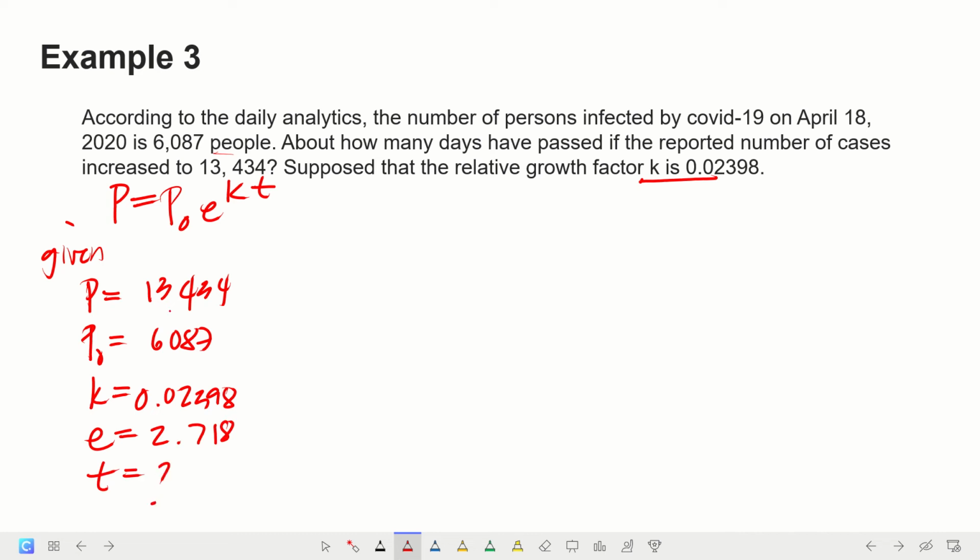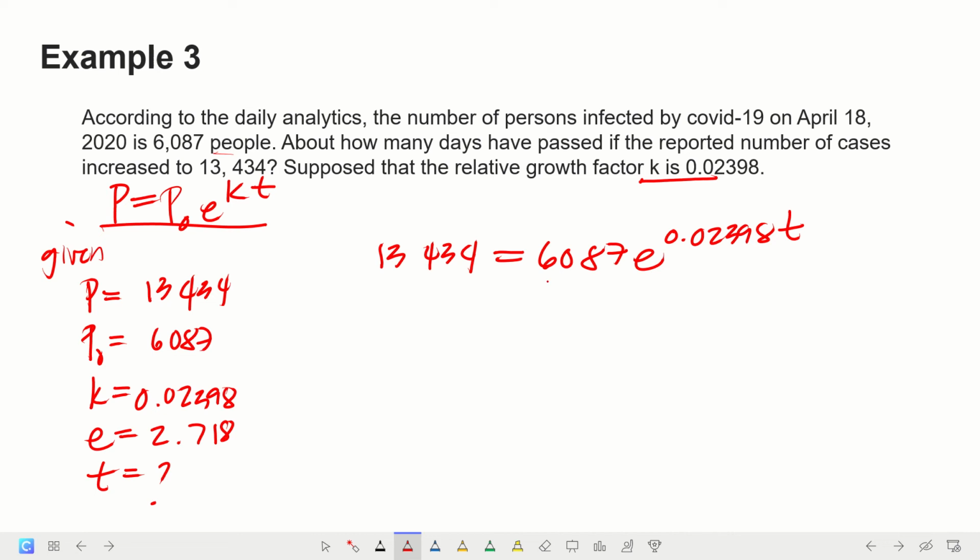So, we need to model an equation that will help us solve for the time. Let us substitute the given: 13,434 is equal to 6,087 times e raised to 0.02398 times the time.